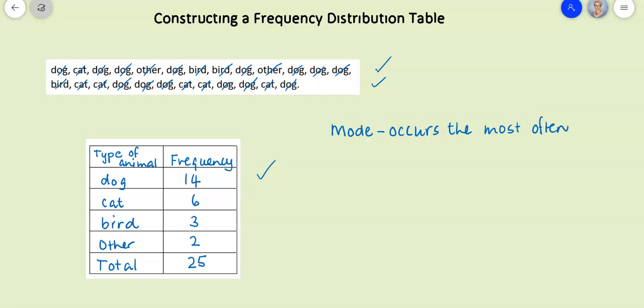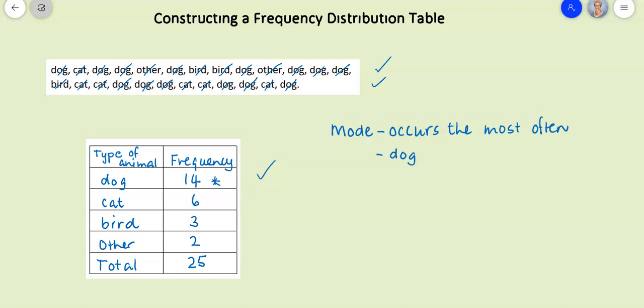So when I look at my frequency table, I can see that the dog occurs 14 times, much more than any other type of animal. So my mode here is the dog. It's the most frequent data value in the set.